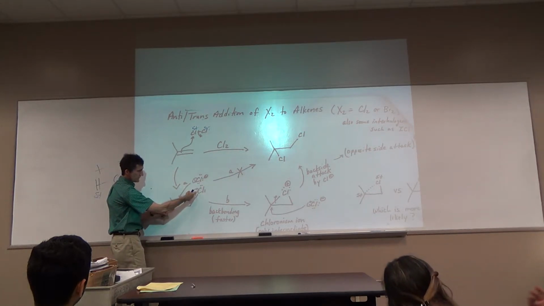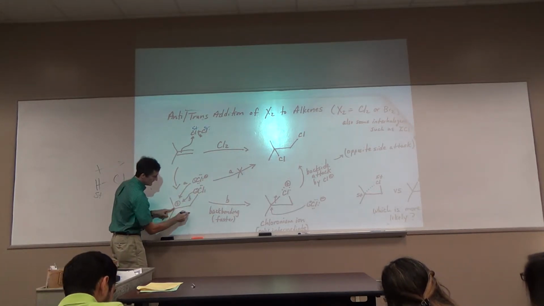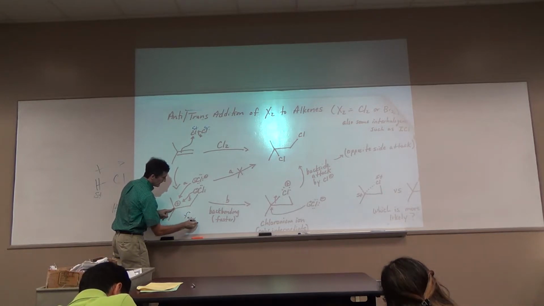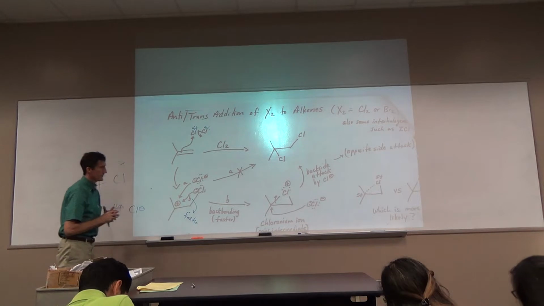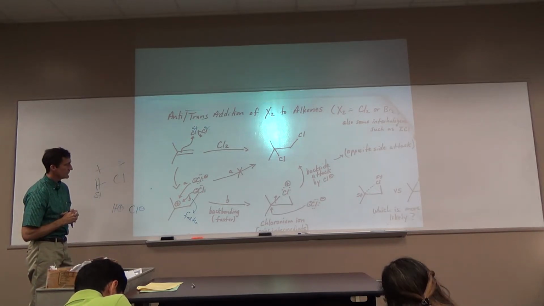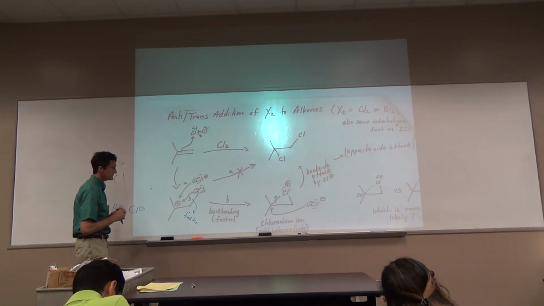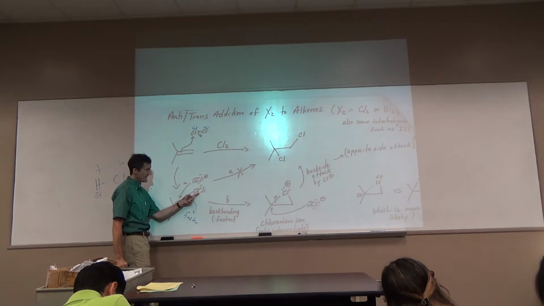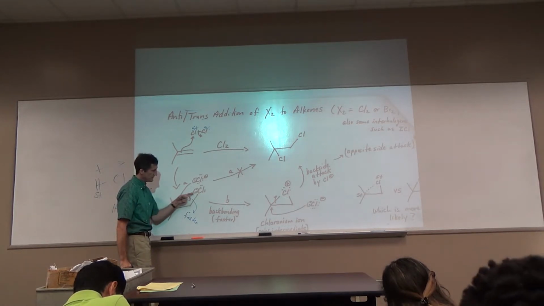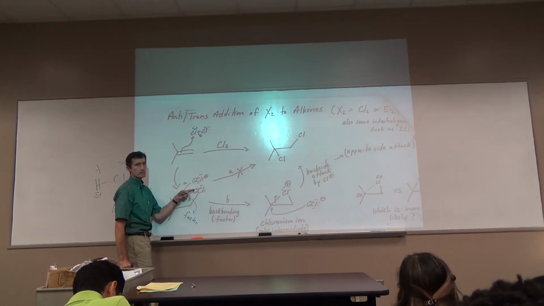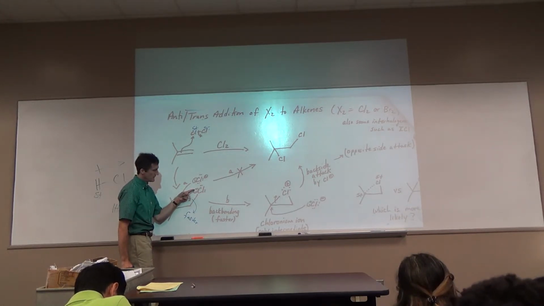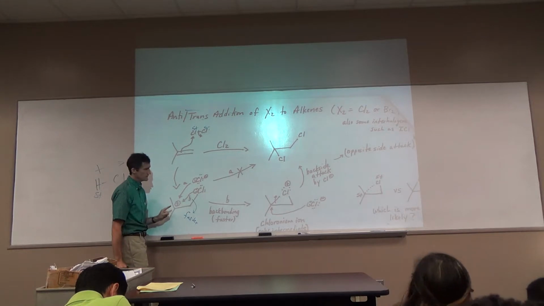This is right next door, and this is faster. Okay? This is an internal attack, an intramolecular attack, by the chlorine that we added. This is the mechanism. This is called back bonding. I call it back bonding. Books may not call it that. It's faster. What does that lead to?